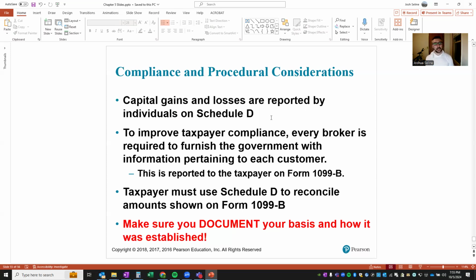Compliance and procedural considerations. Capital gains and losses are reported by individuals on your Schedule D. To improve taxpayer compliance, every broker is required to furnish the government with information pertaining to each customer. That gets reported to the taxpayer on Form 1099-B. That's going to be a summary of everything in this client taxpayer's brokerage account. And then you have to use Schedule D to reconcile the amounts shown on 1099-B.